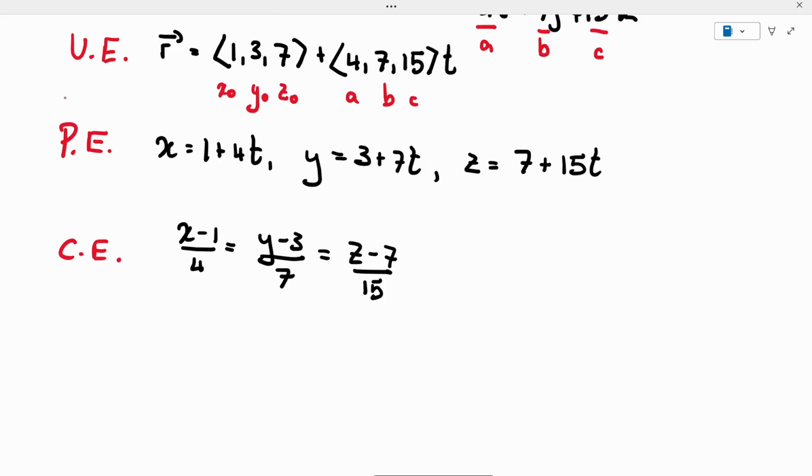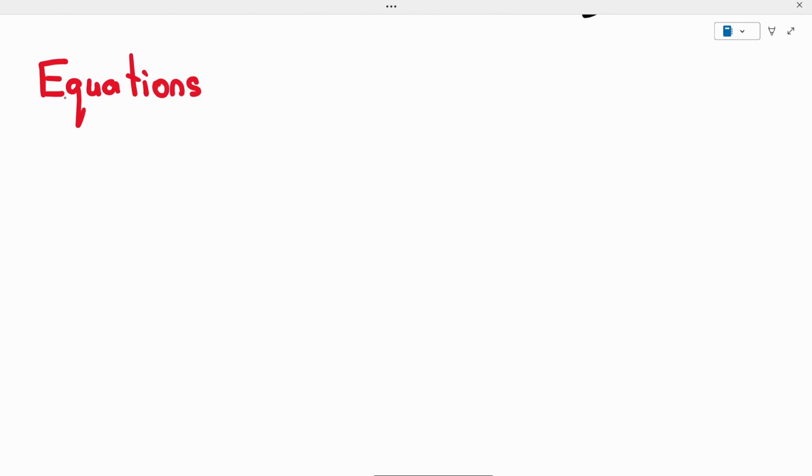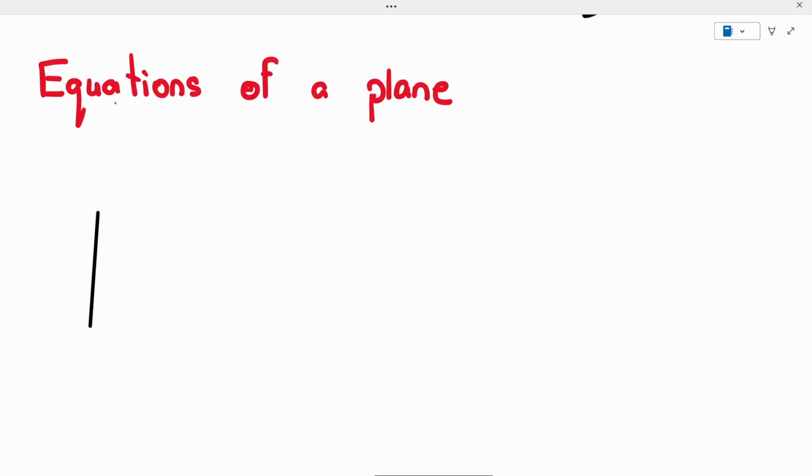Okay. So the big thing we want to talk about today is our next topic, which is the equations of a plane. Right? So just to kind of understand what's going on here. When we are in 2D space, we could have a point, right? This is our x coordinate, this is our y coordinate. We could have a point anywhere in this space.